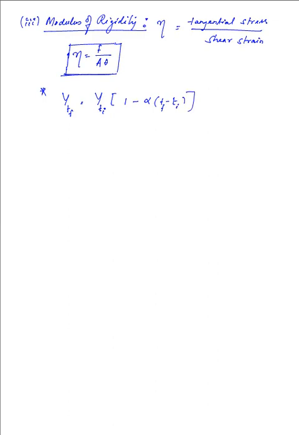Similarly, we have that for the rigidity modulus and the bulk modulus as well. It's the same expression. You can take the temperature coefficients as beta and gamma respectively for them.